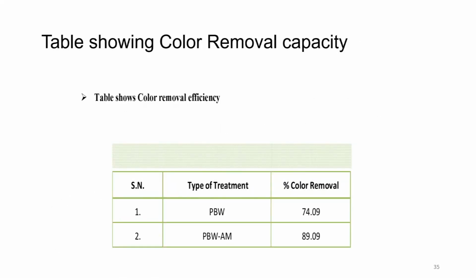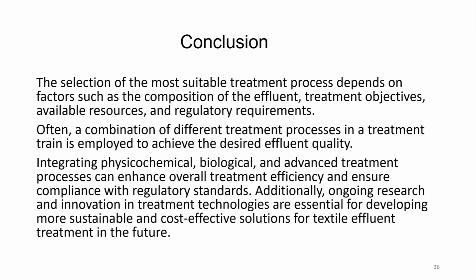Now, showing the capacity, if we are using only the moringa seed, the color removal efficiency shows 74%, but when it is grafted with acrylamide, then it shows 89.09%, which means that it can remove color very well.